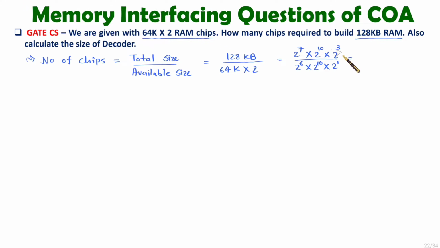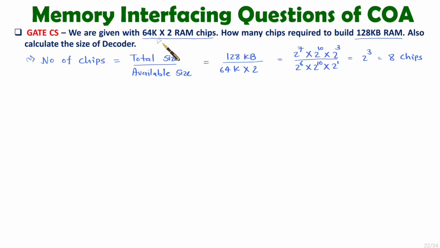So in the numerator we have 7, 10 and 3, meaning 2 to the power 20, and in the denominator we have 6, 10 and 1, meaning 2 to the power 17. So we have 2 to the power 3, meaning in total 8 chips are needed to have this size of RAM using these chips.